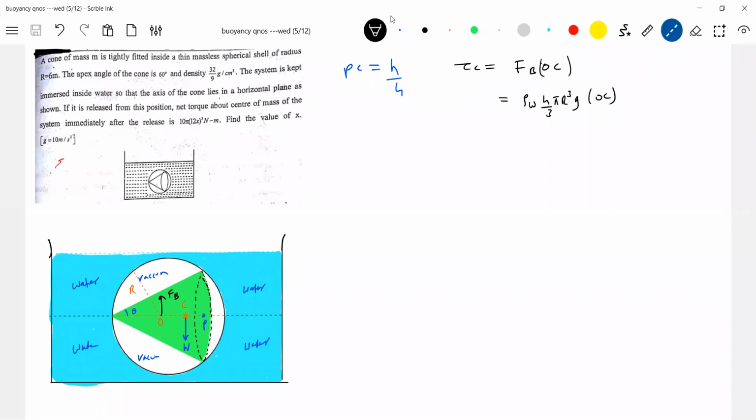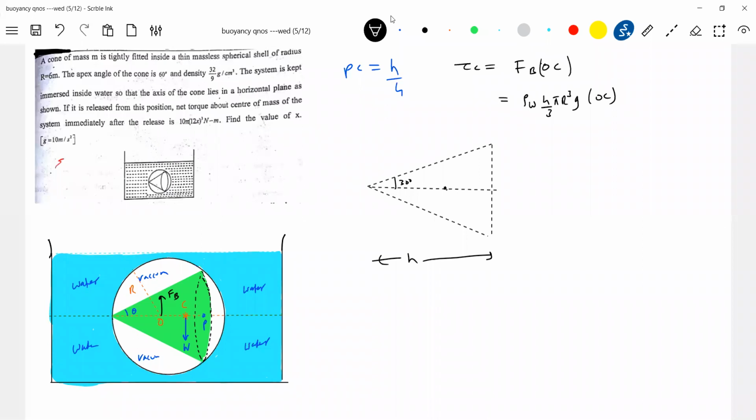Okay, let's get into the cone diagram. What all do we know? I'm taking help of a plane diagram. We know this is 30 degrees. We need the height of the cone here.